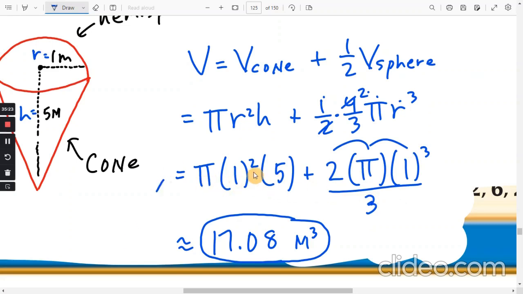I would do plus pi times 1 squared times 5, and hit equals the final time. I still get the same answer. So just be careful with your calculator work. You might have to do 2 separate steps.